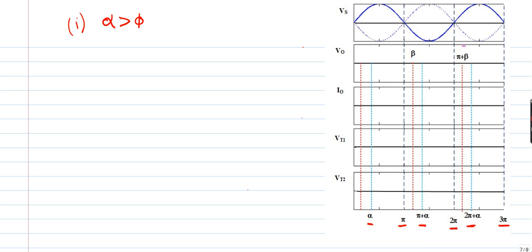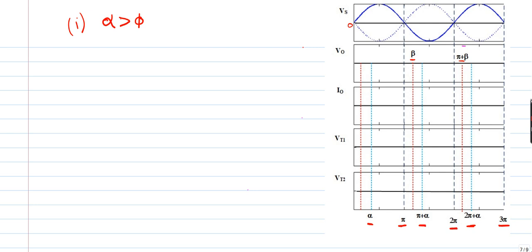As far as this 0 point is considered, the first beta instant will be this one, beta, and the next beta instant will be pi plus beta, and this first red line belongs to the previous half cycle beta instant. The beta instant is nothing but the point where the load current becomes 0. So if beta is there, your load current is discontinuous.